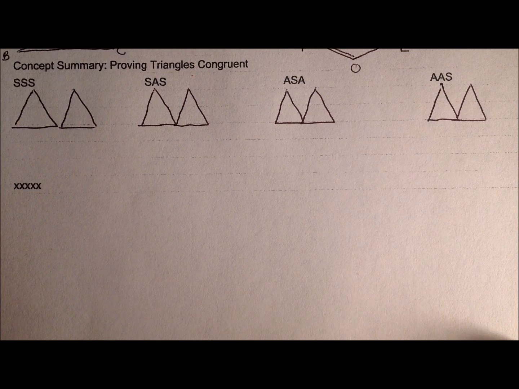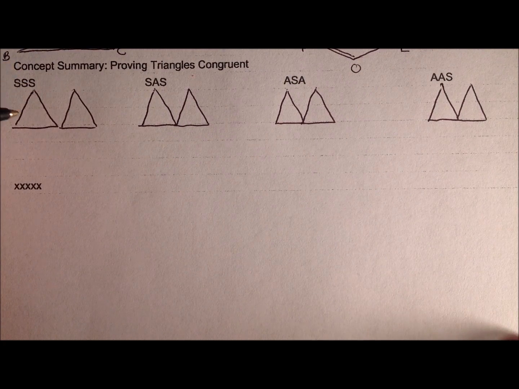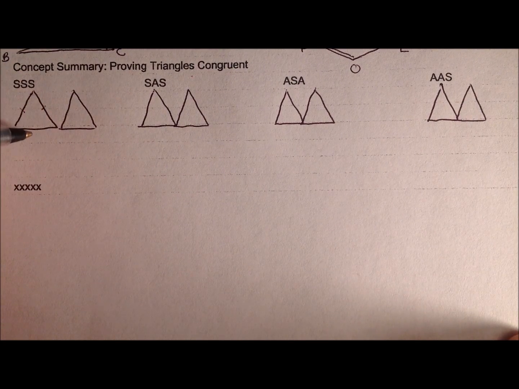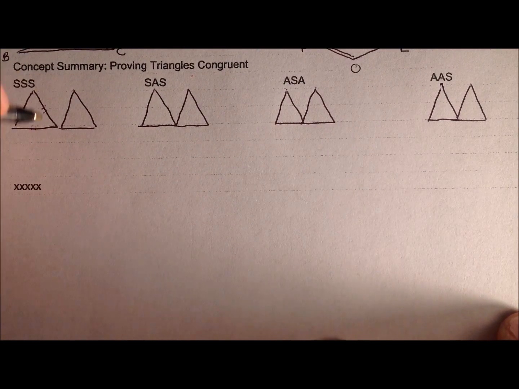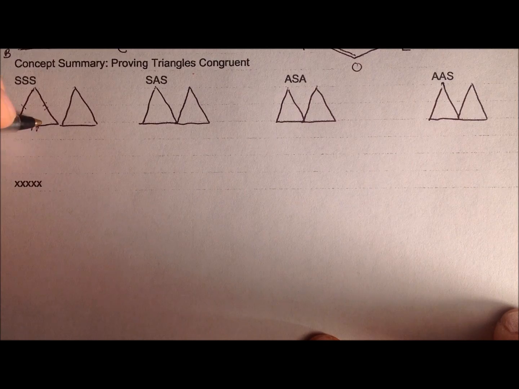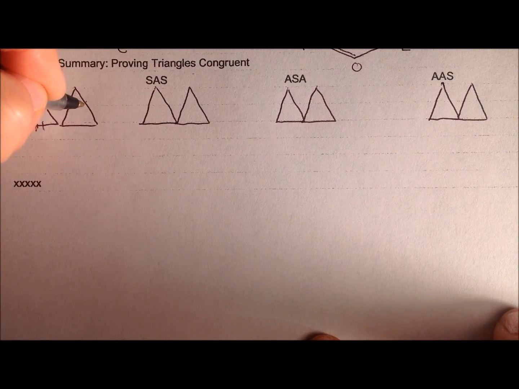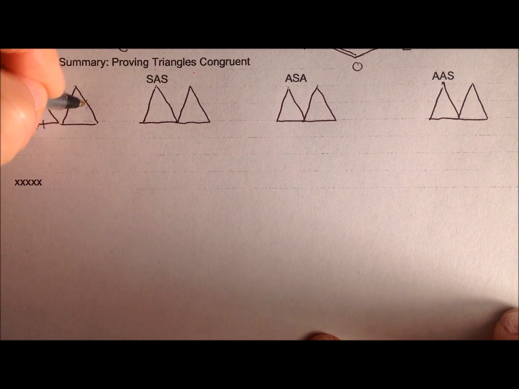Okay, last for this section, we're just going to look at a concept summary here. The 4 different ways of proving triangles congruent. We had side side side, SSS, from last section, and in that, all 3 sides of the triangles are congruent.